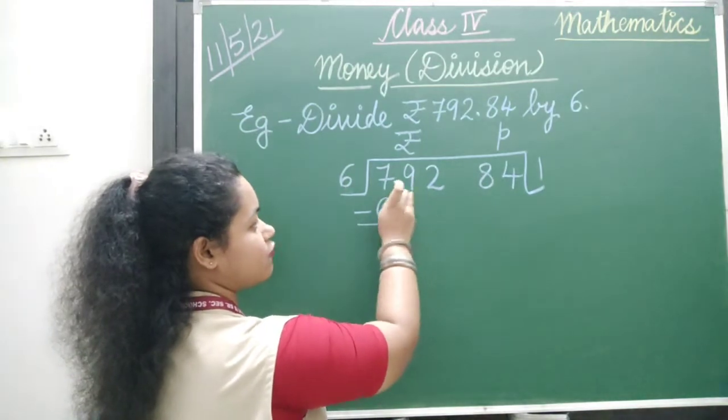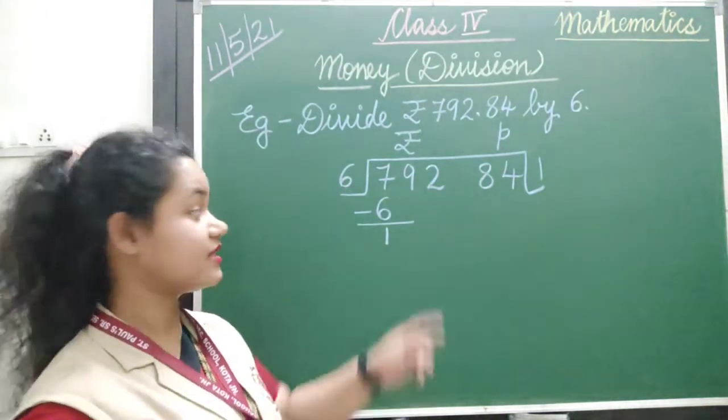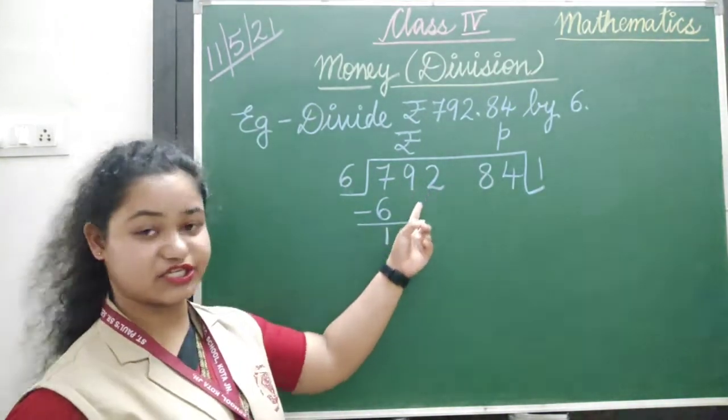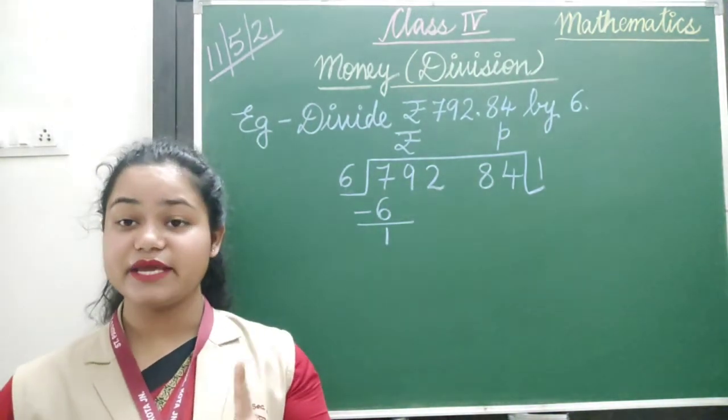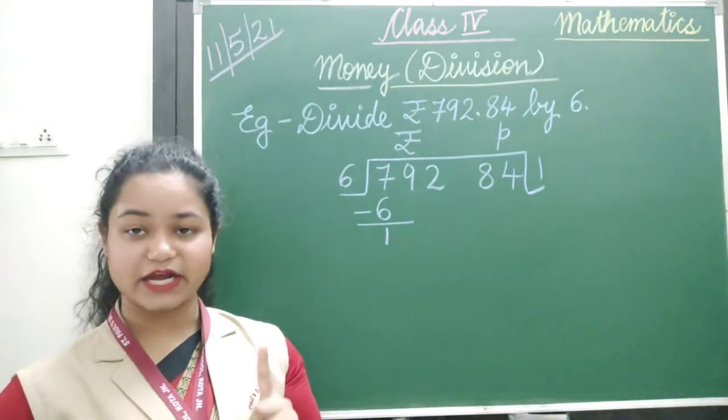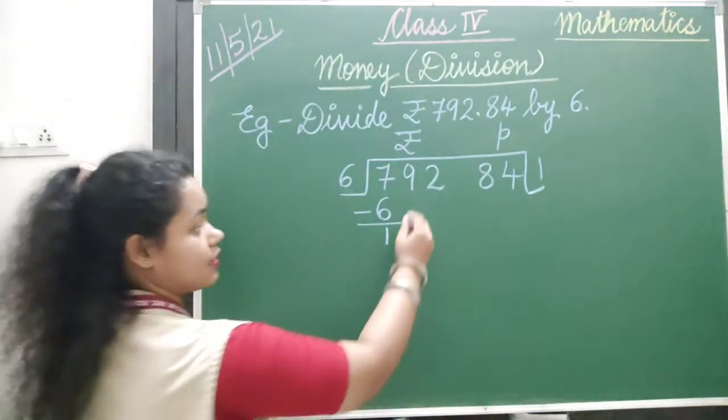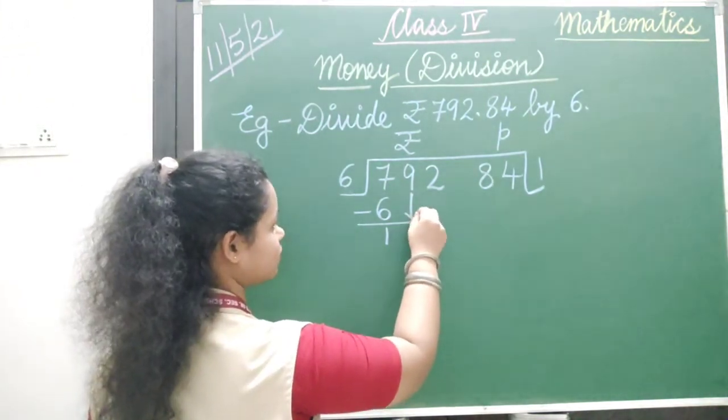Now one by one we are going to bring down these digits. Don't bring the whole number down in one step, it will be considered wrong. So now this digit I will bring down.